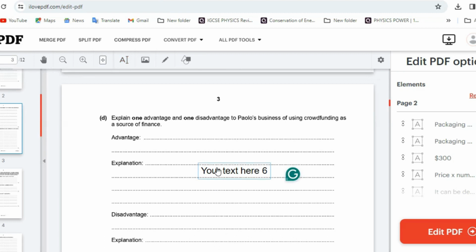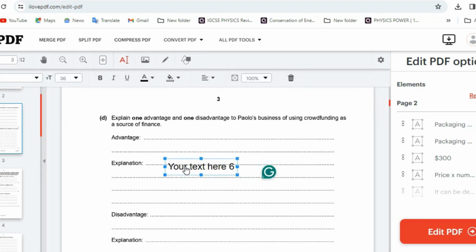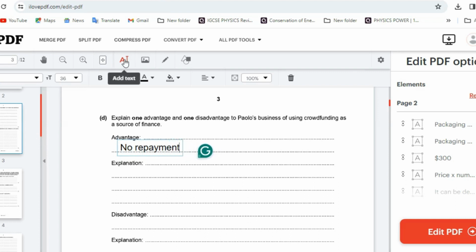The first one is you do not need to repay, so no need to repay.